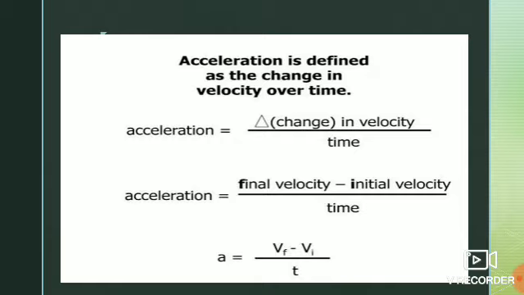Vf denotes the final velocity, Vi is the initial velocity, and t is the time. Acceleration is denoted by small a.